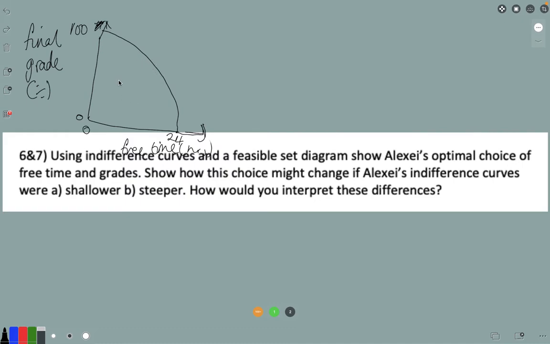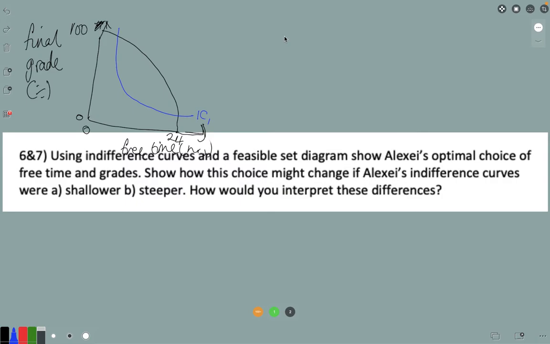And then we need to do an indifference curve. You get your general downward sloping indifference curves. So let's just draw one looking like this for the minute. We could have this as an option, but this isn't our most optimal indifference curve. Let's call this IC1.